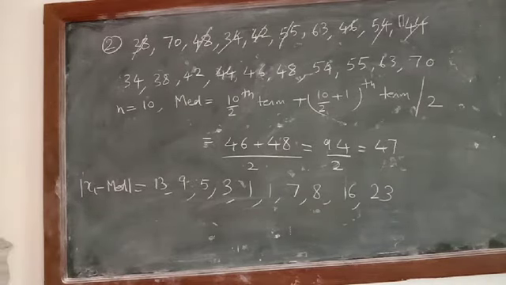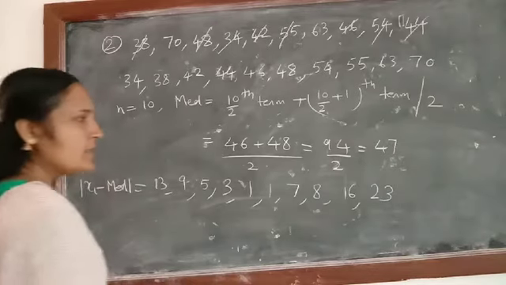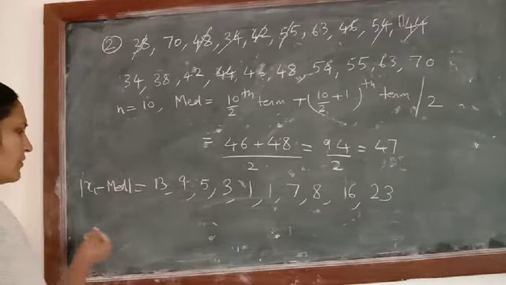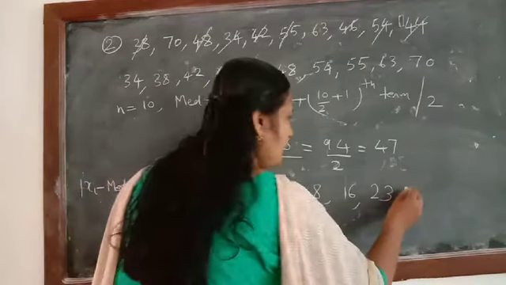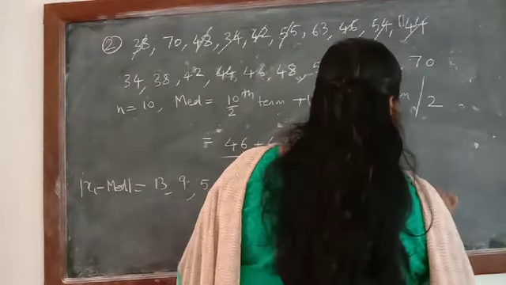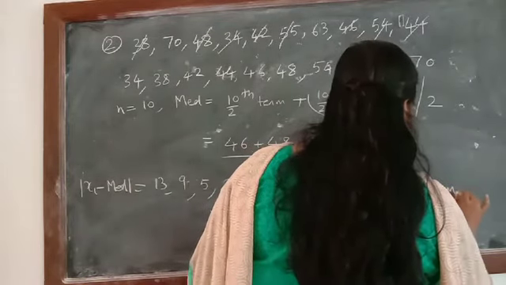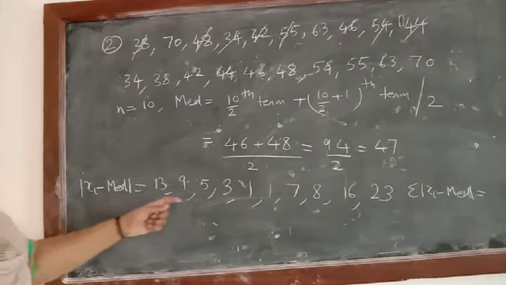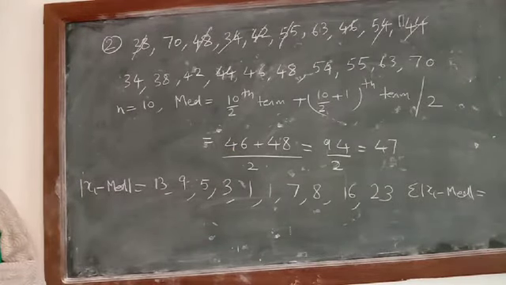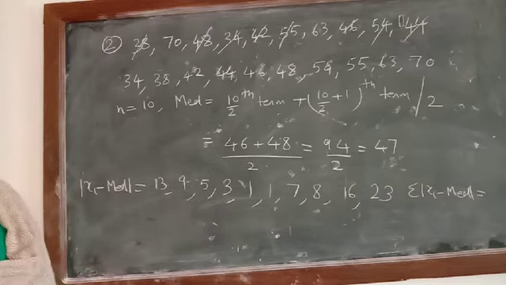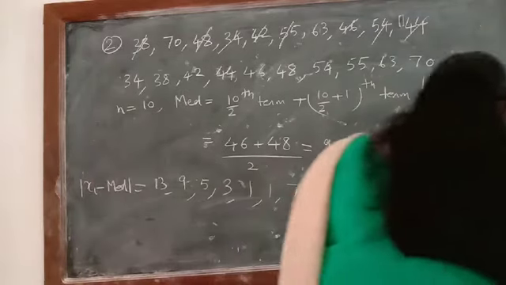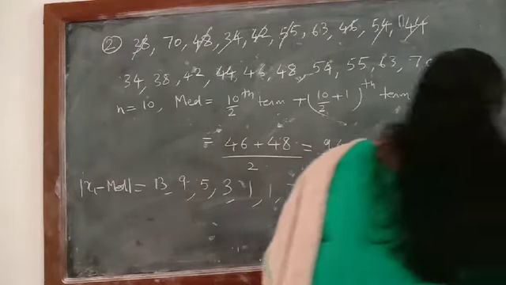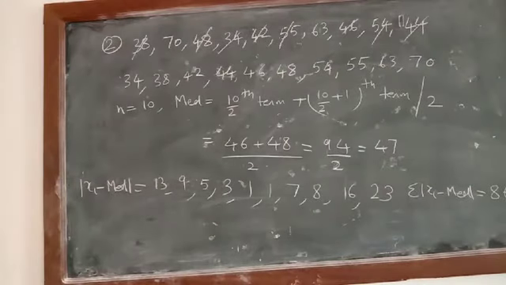After that what do we have to do? Yes, we have to add all the deviations. If you want, you can write down the addition here only. After writing this, just write down sigma modulus of xi minus median. So just to check, do the addition of all these numbers. Okay. So after doing the addition, I think we will get the sum equal to 86.